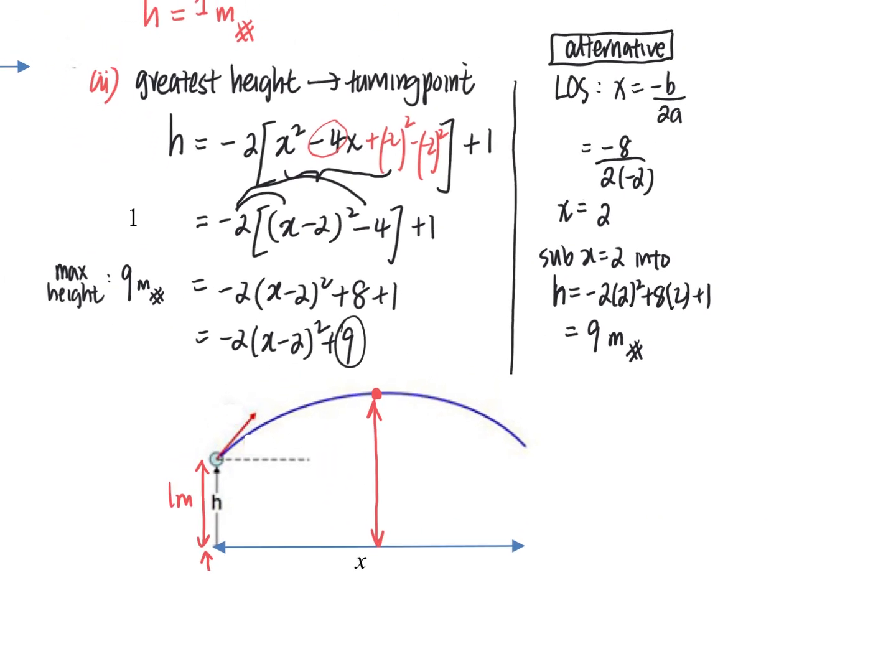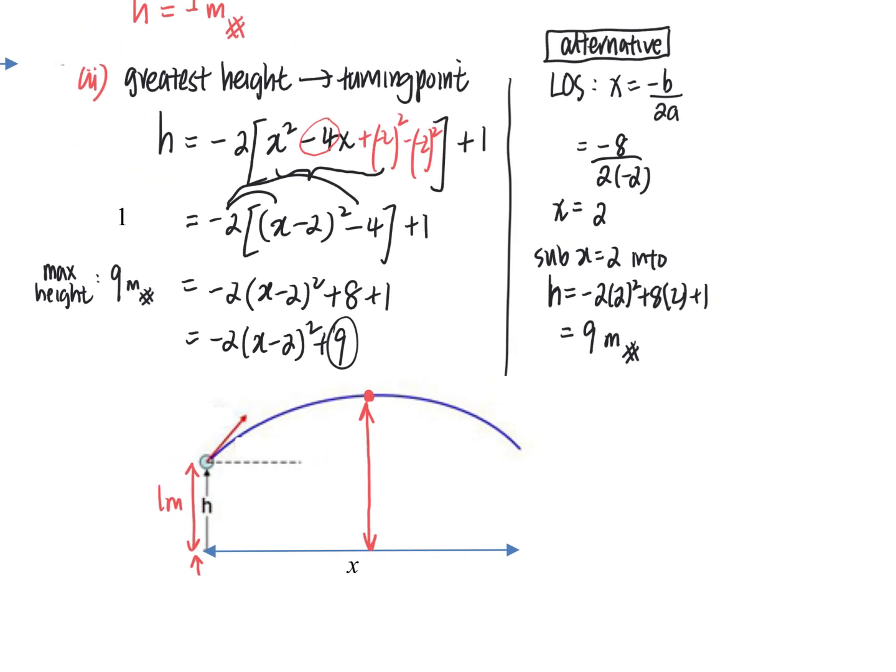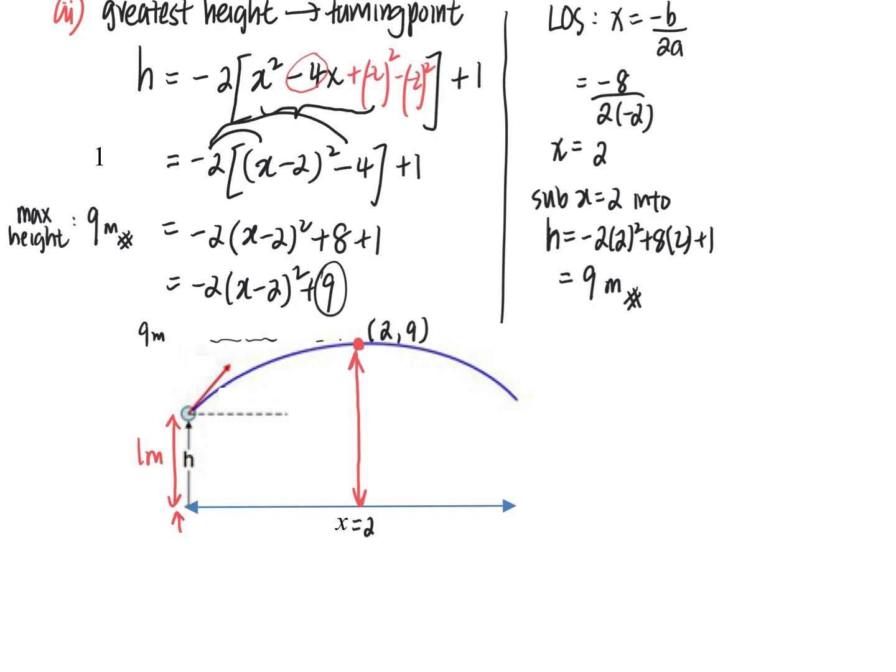Okay, so what I have gotten is that the coordinate of this is 2, 9. So at this point here, x is 2, and the height here is 9 meters. But now the question says, if I have a toy that is 3 meters horizontally from the slingshot and 7 meters above the ground, meaning it is somewhere here, 3 meters from the slingshot and then 7 meters above the ground.